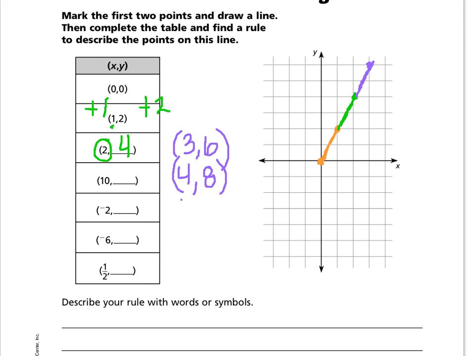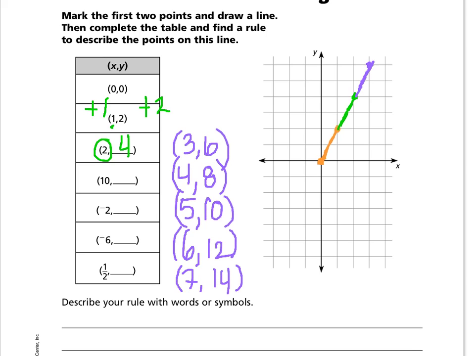If I had a 5, I would add 2 to the 8, which would be 10. If I had 6, I would add 2 to 10, which would be 12. If I had 7, I'd add 2 to 12, which would be 14. If I had 8, I would add 2 to 14, which would be 16.